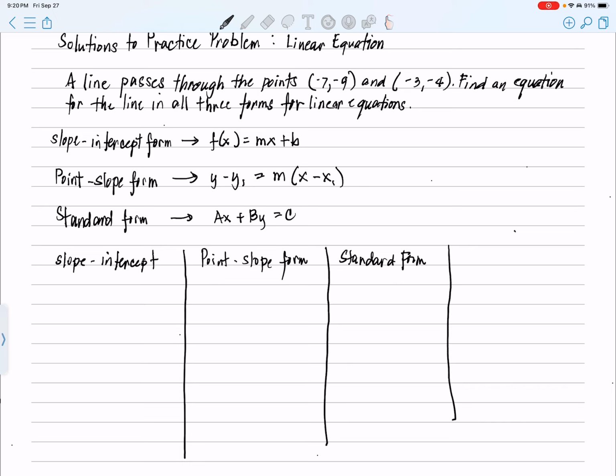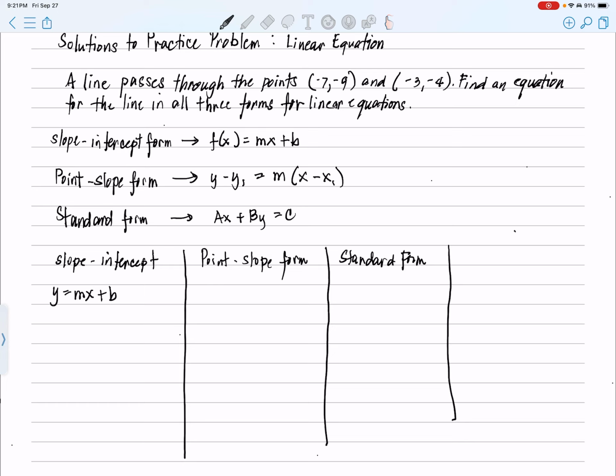Okay. Now, in the slope-intercept form, we have f of x equals mx plus b. Might as well, I'm going to change the f of x into y, and that would be y equals mx plus b.